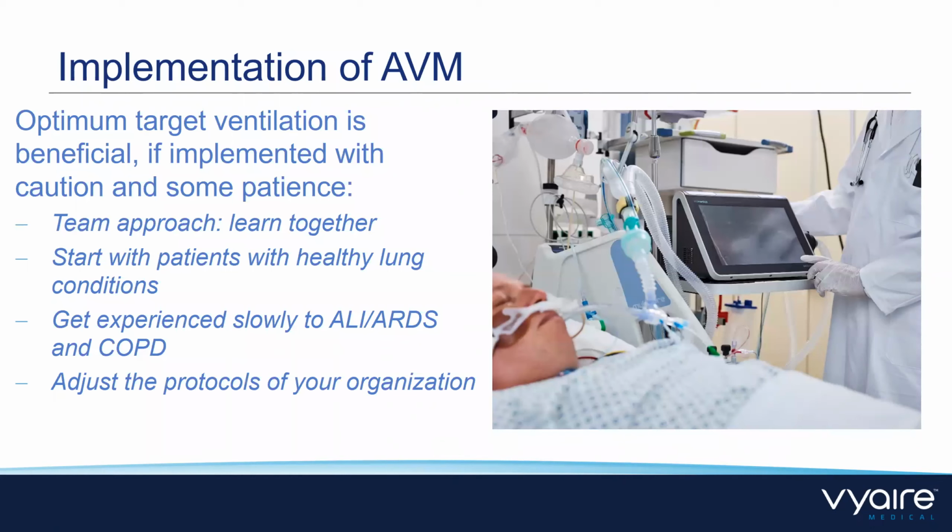And of course, some of the protocols of the hospital organization have to be adjusted to AVM because it's a bit different. You have much less controls than with any other mode. So also this needs to be reflected in the protocols or operating procedures.